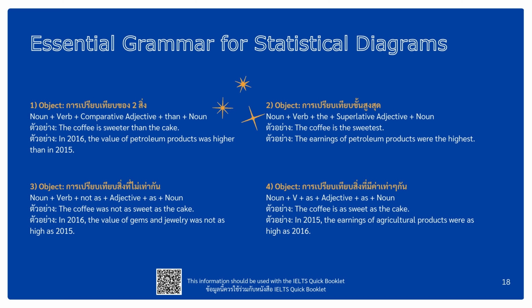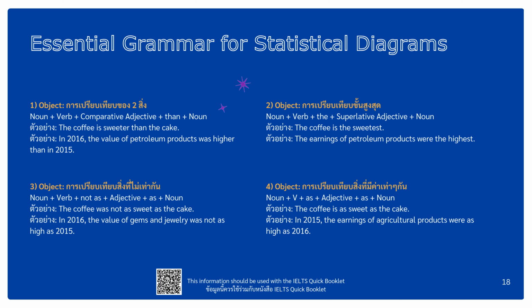Next, comparing the highest or lowest, you would need to use the sentence pattern, noun plus verb plus the plus superlative adjective plus noun. For example, the earnings of petroleum products were the highest. This structure is used to highlight the most or least in a category.